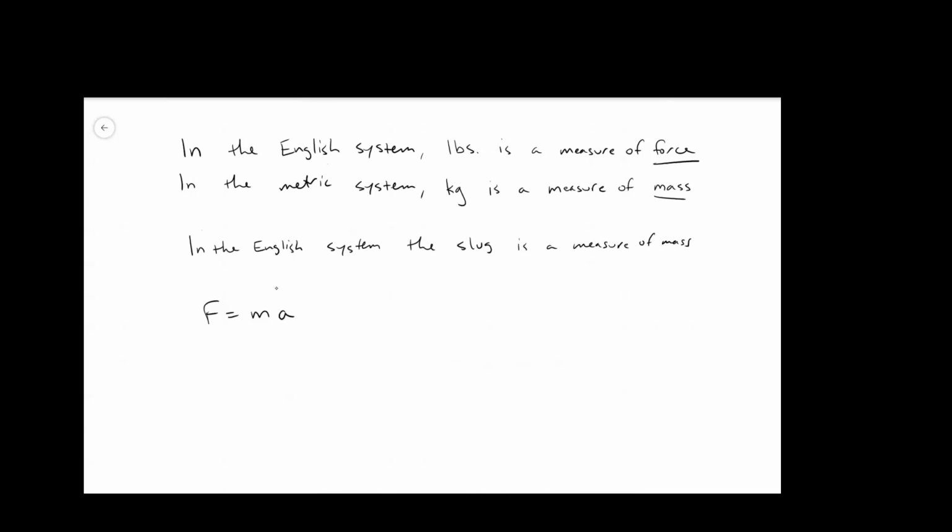If you say you're 50 kilograms or whatever, that doesn't change if you go out in space or go to the moon. That's always the same. It's the effect that gravity has on mass. The force is what our scale is actually measuring.